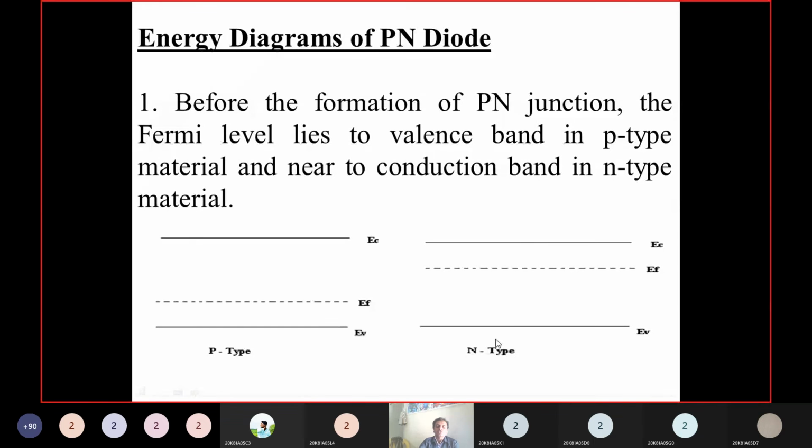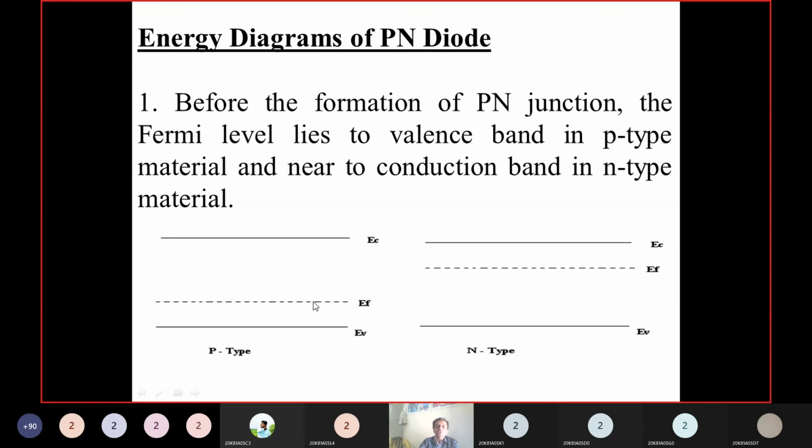We are not representing the donor or acceptor level here, only the Fermi level. So the Fermi level is nearer to the valence band in a p-type semiconductor, and nearer to the conduction band in an n-type semiconductor.